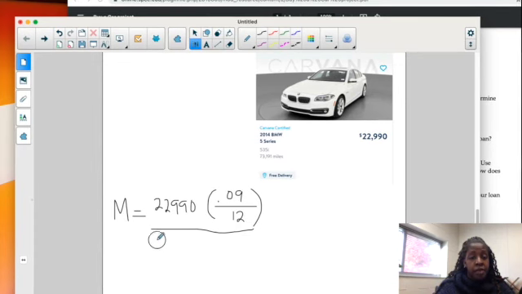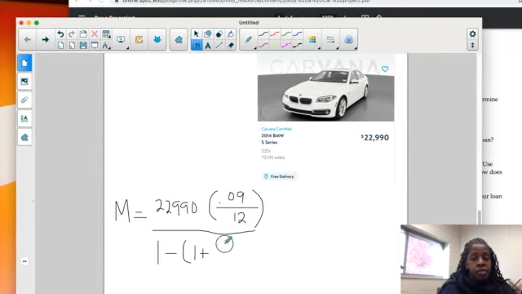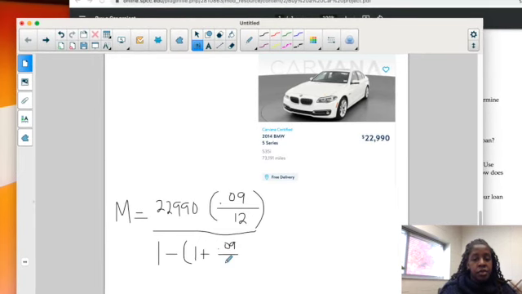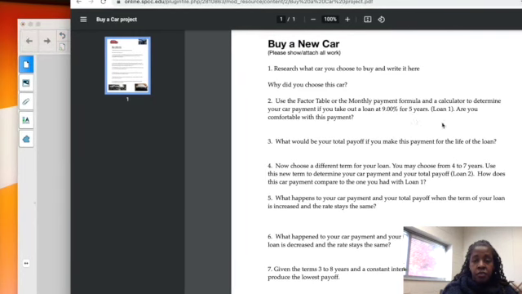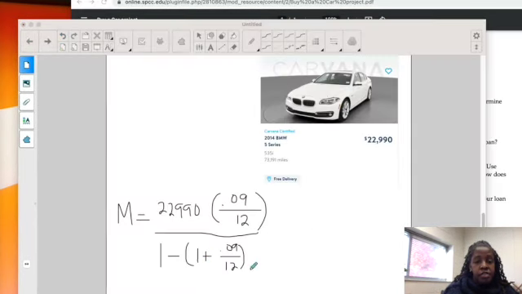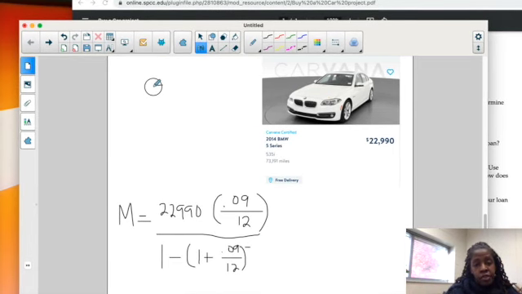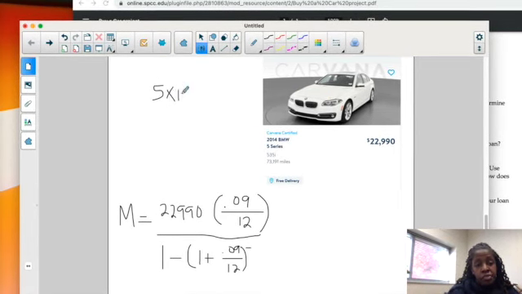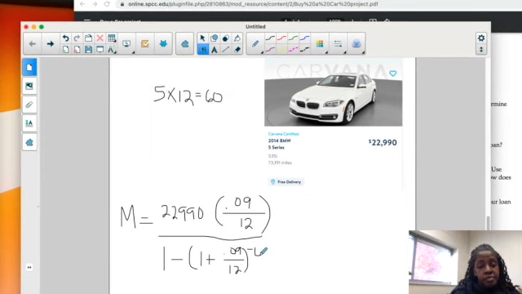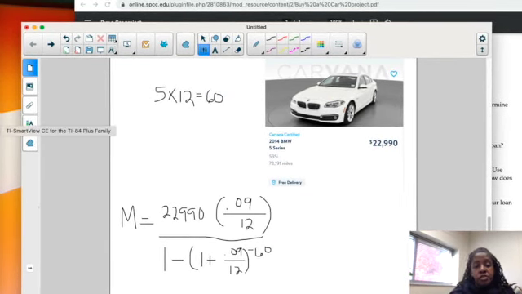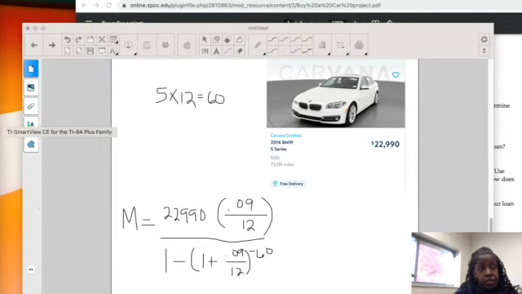We'll find out about that in a minute. 1 minus 1 plus 0.09 divided by 12. Now, how long am I supposed to pay for this thing? For 5 years. So this is going to be negative 5 times 12. Now, if I were you, I would do what 5 times 12 is beforehand. That's 60. So it's going to be a negative 60.